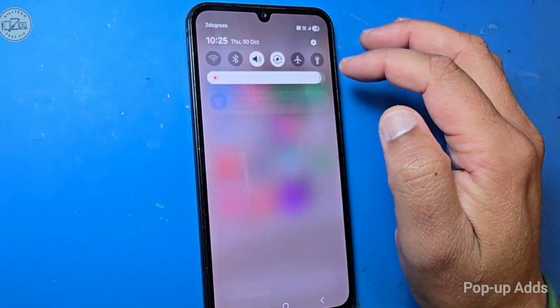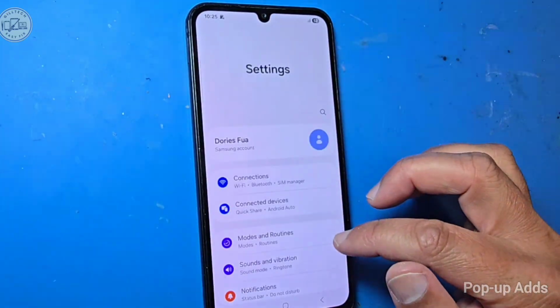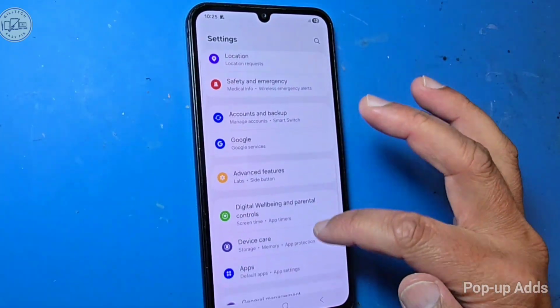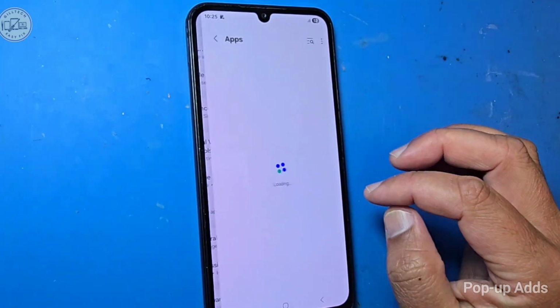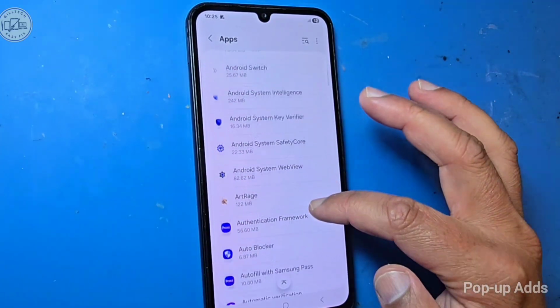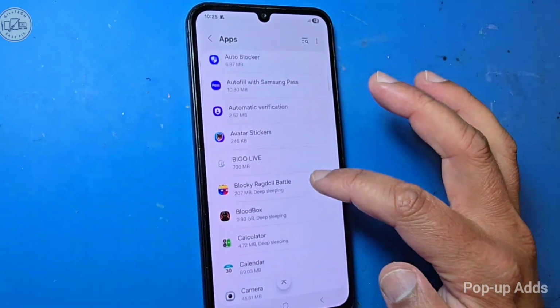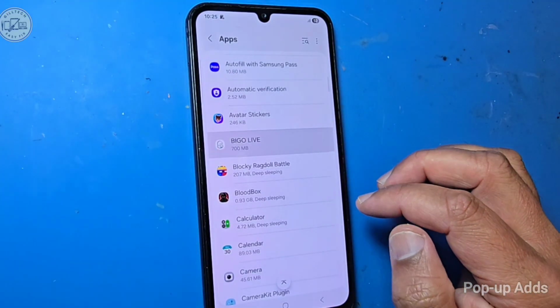Following a restart, these advertisements usually take some time to reappear, which provides an opportunity to locate and uninstall the problematic applications. In this instance, I discovered several unknown applications, and I proceeded to uninstall them.